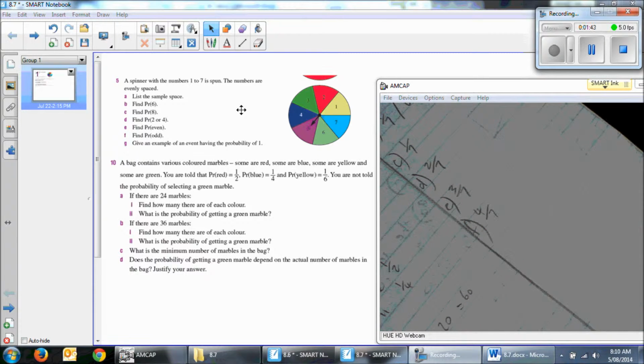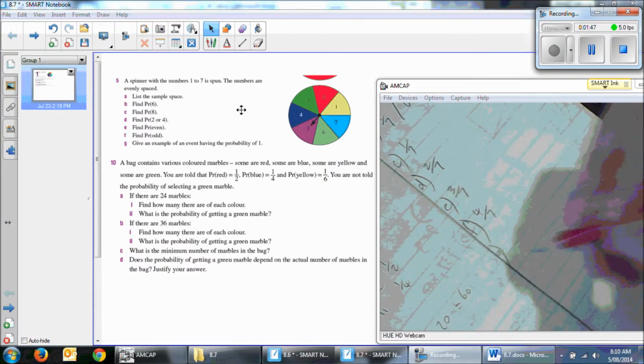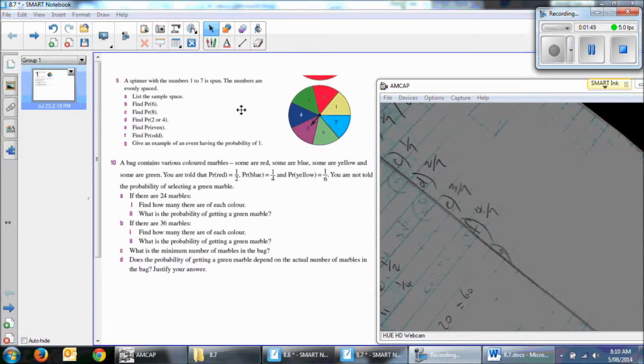Give an example of an event having the probability of 1. If I have something that has the probability of 1, it means that the probability of you watching this video and being in year 7 is the probability of 1. So that means that you are in year 7 and you are watching this video while you're in year 7. So for that to happen, it means that it's certain, okay, if you have the probability of 1.